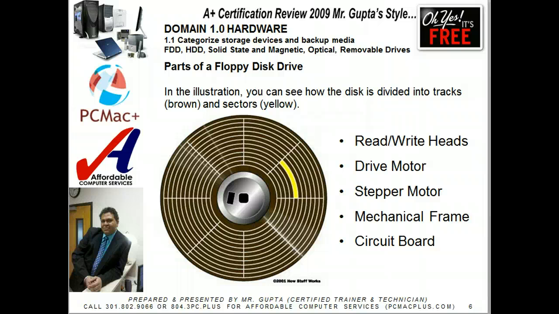Because each sector holds 512 bytes of data, a 3.5-inch high-density floppy disk has 2,880 times 512, which gives you 1.4 megabytes of data.